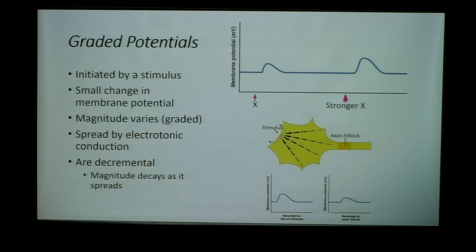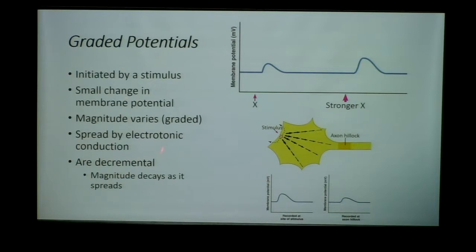So basically, varying stimuli can incite these fluctuations of the membrane potential. And those would basically be congregated onto the axon hillock, and at that point, we will decipher whether or not we have substantial membrane potential change to go ahead and fire an action potential, okay?